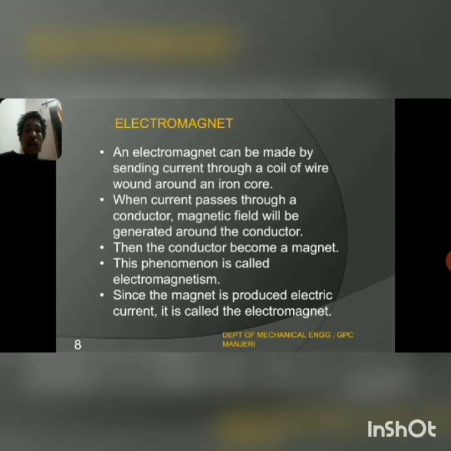When current passes through a conductor, a magnetic field is generated around the conductor. Then the conductor becomes a magnet. This phenomenon is called electromagnetism. Since the magnetic field is produced by electric current, it is called an electromagnet.